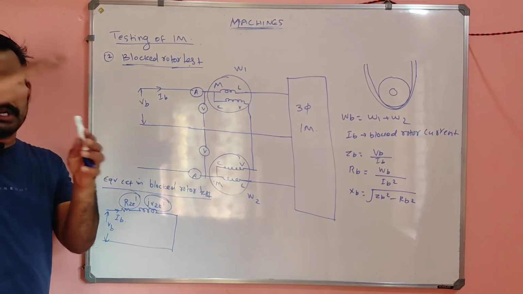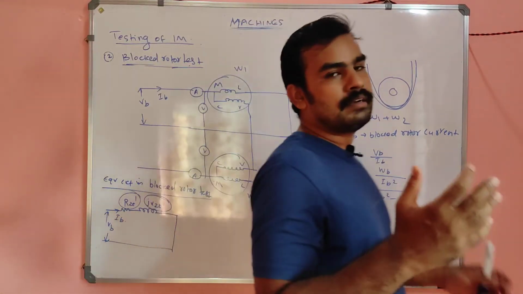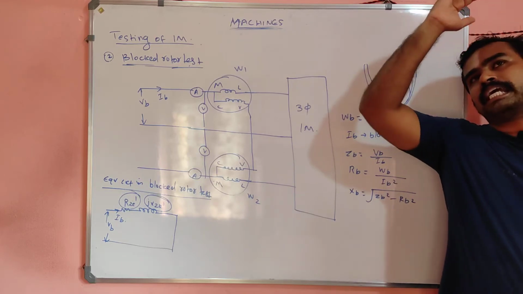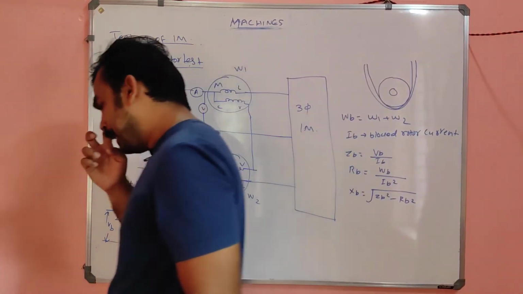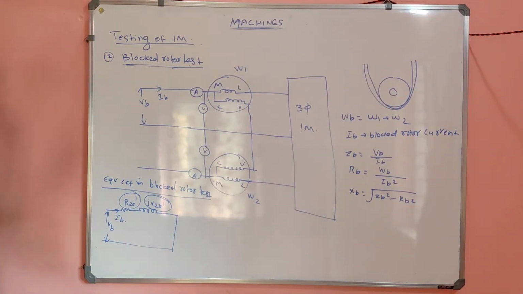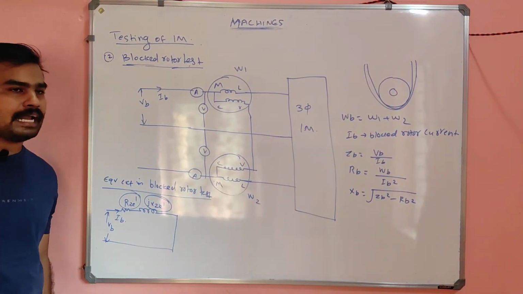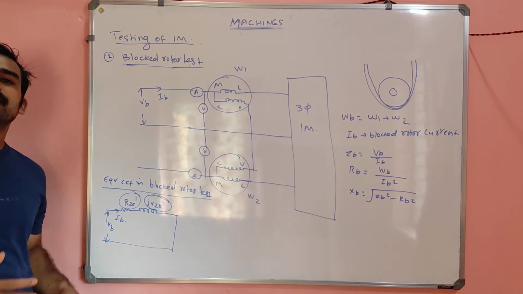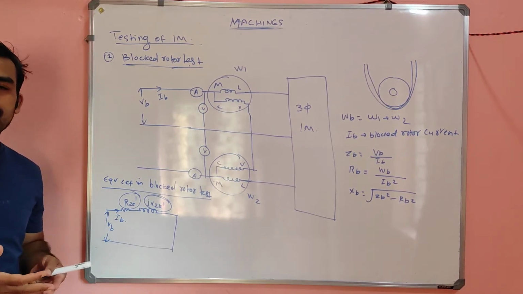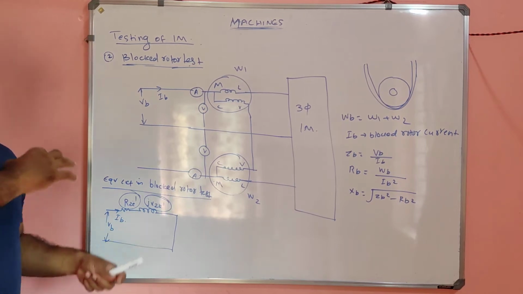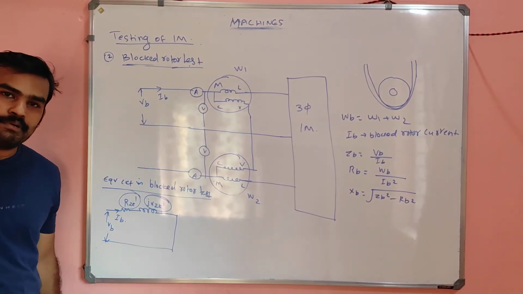Similar to the transformer short circuit test, where we short circuited the low voltage side, applied the voltage on the high voltage side, and made sure that you applied a rated current in the high voltage side.